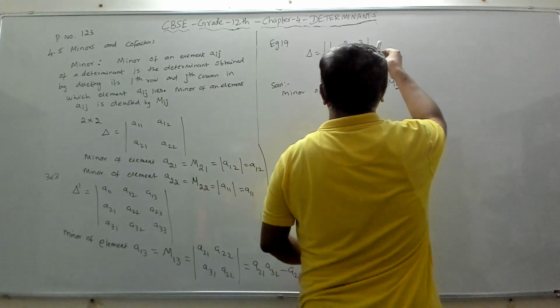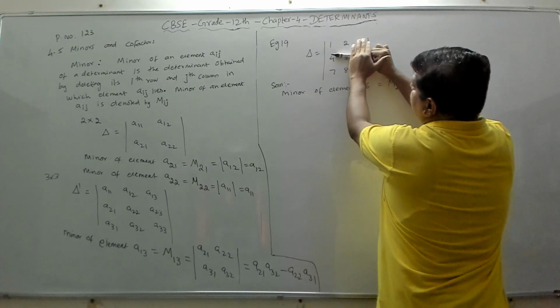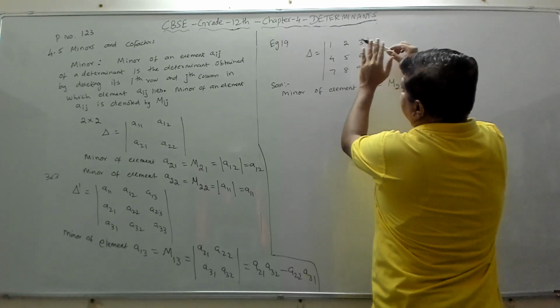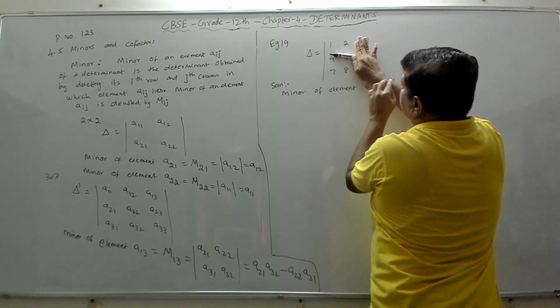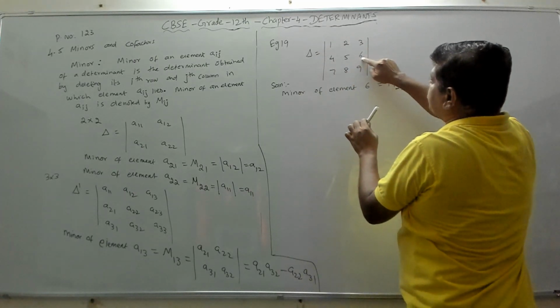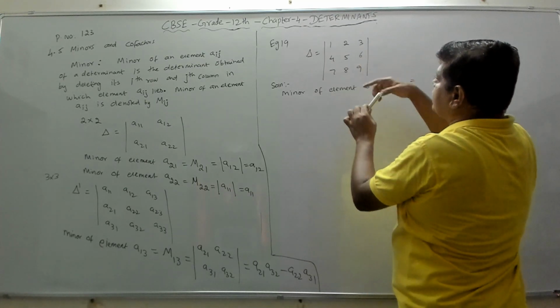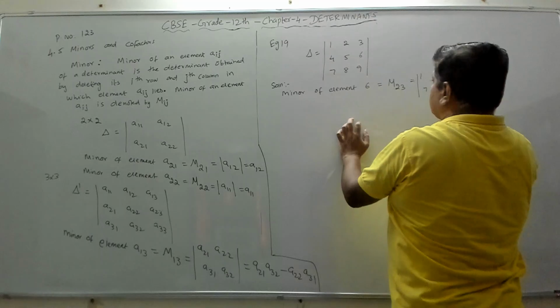You will close this particular row and this particular column, the row and column on which 6 lies. So you will have 1, 2, 7, 8, and you will get the determinant 1, 2, 7, 8.